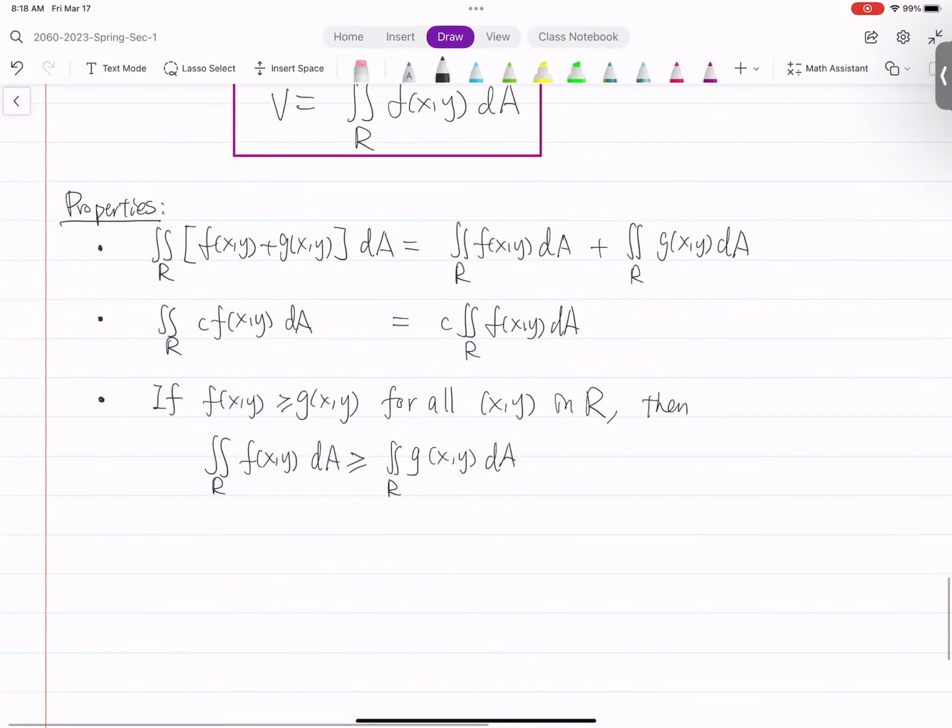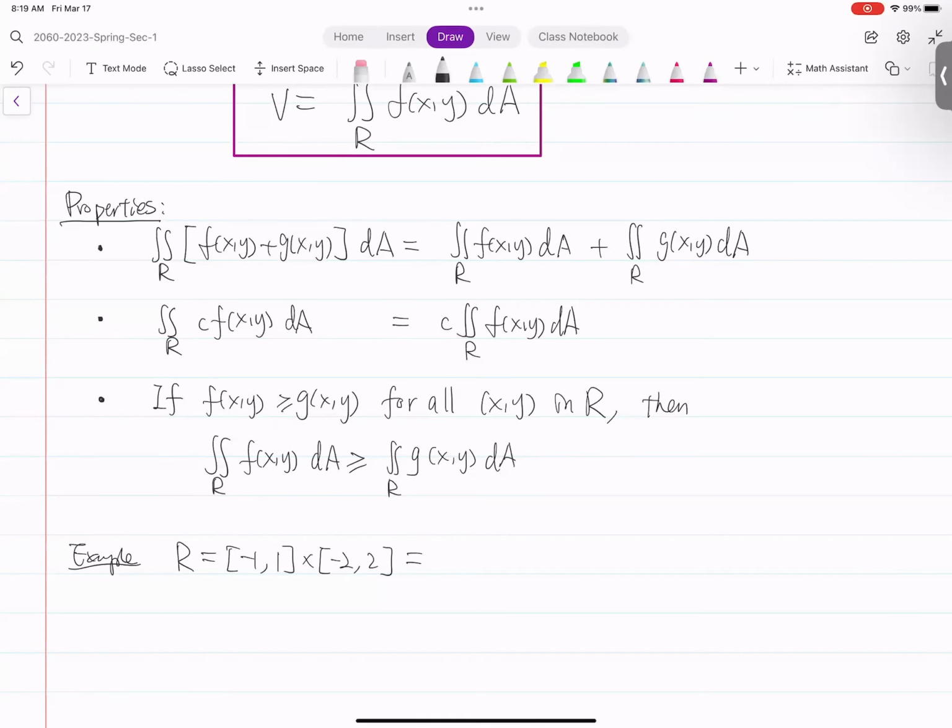Okay, so now let's look at an example of how we're going to compute this. The first idea is that if you have a cylindrical kind of shape, then it's not difficult to just calculate the area of the base times the height. Now let's think about this region R, which is [-1, 1] cross [-2, 2].